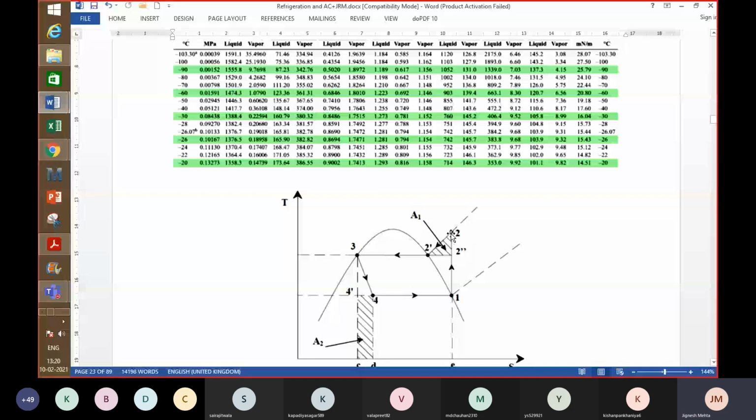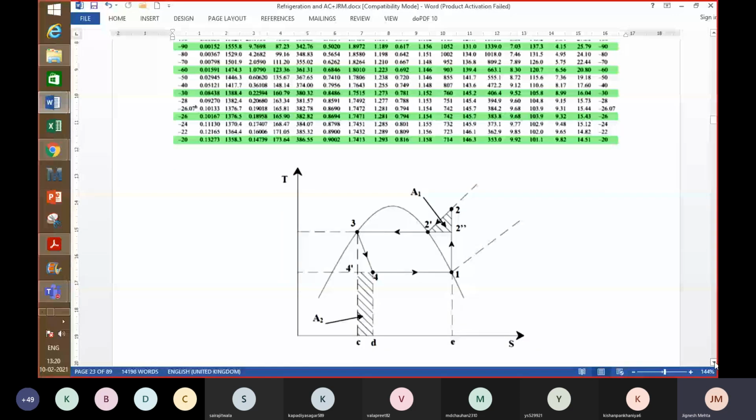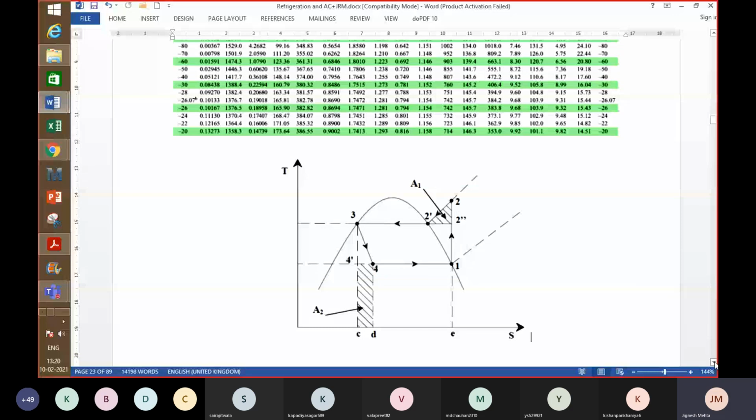But whether you can get some other property also, so that you can get the enthalpy at point 2, the answer is yes. If you think about the process 1-2, it's an isentropic compression. When you say isentropic, the meaning is that the entropy remains constant.